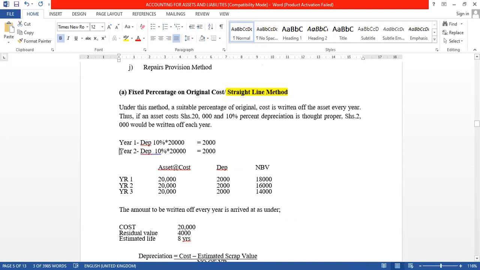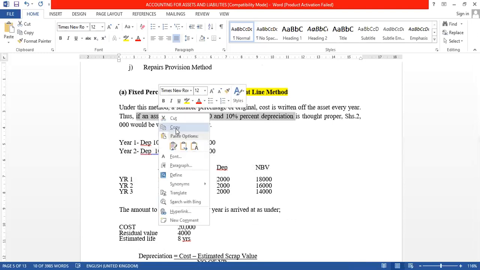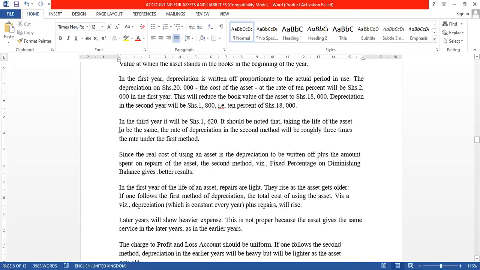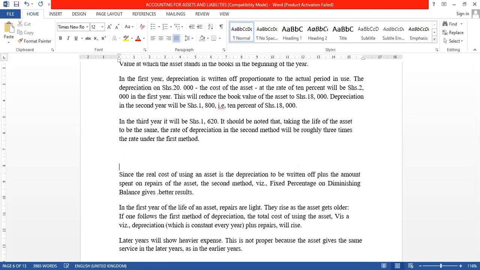So if we have the same example here, let me copy this. Allow me to put it here so that we can do the workings with you, right?